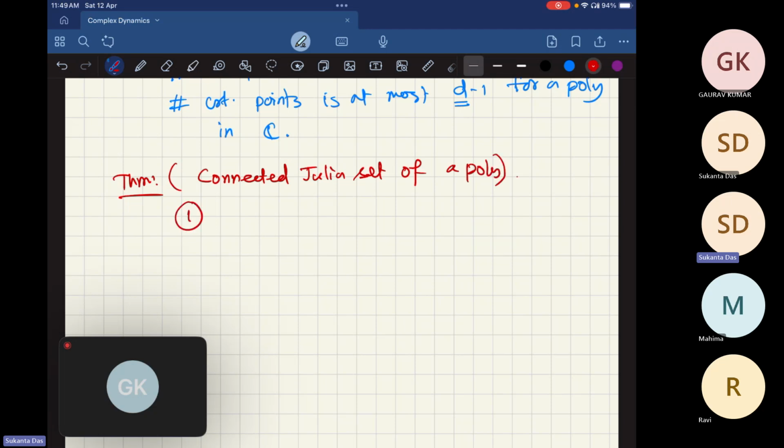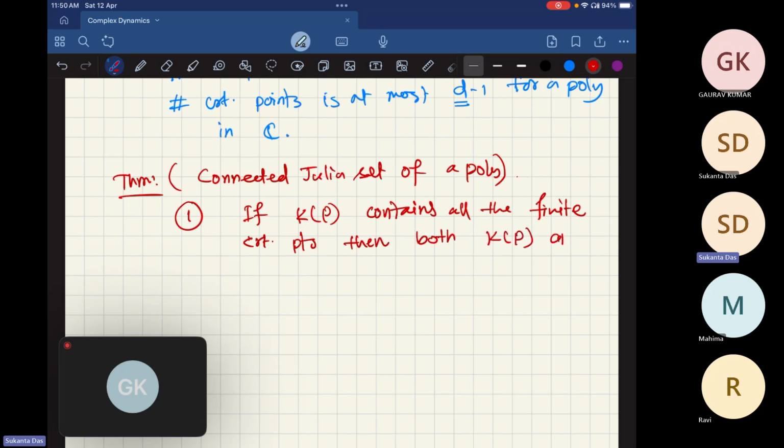The first one is that if Kp, meaning my filled Julia set, contains all the finite critical points, then both Kp and the boundary of Kp, basically the Julia set, are connected.